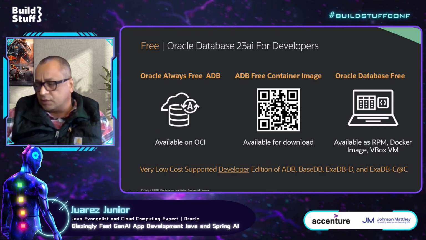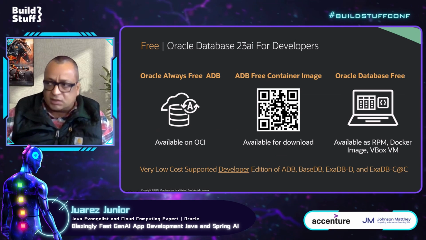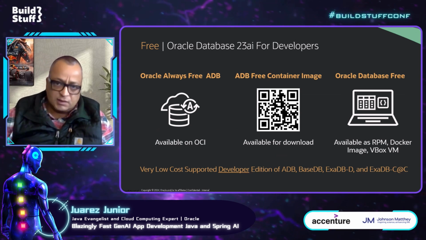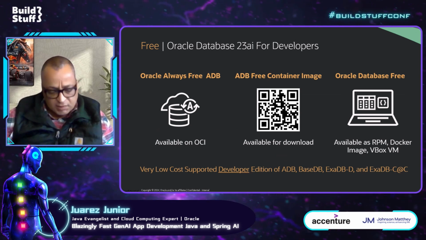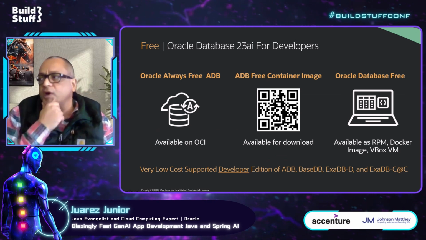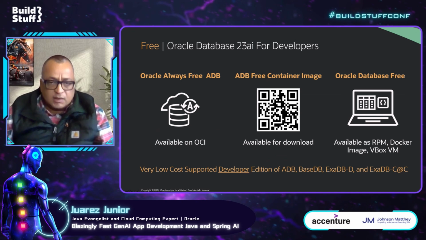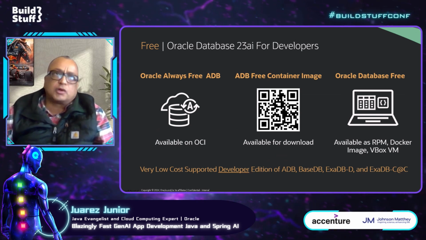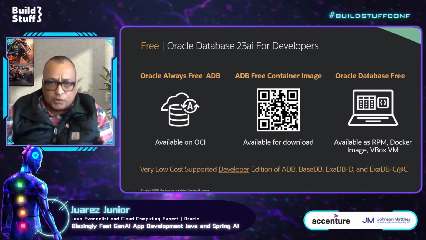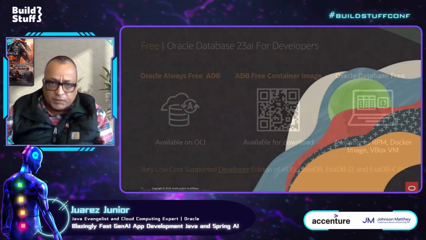Also some VMs for VirtualBox, and that is the same database in terms of core features, if compared to the upstream component, and the one that is actually running on top of the Oracle Cloud infrastructure called Oracle Autonomous Database 23 AI. Okay, so have a look.